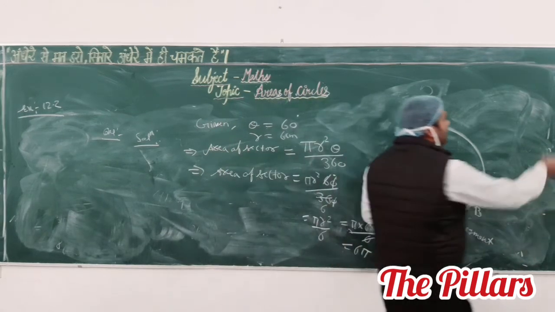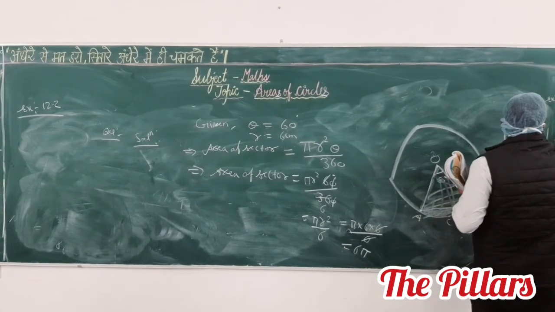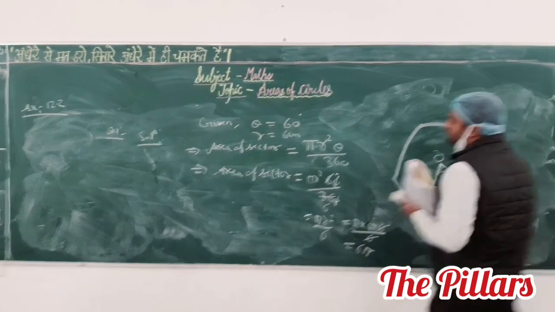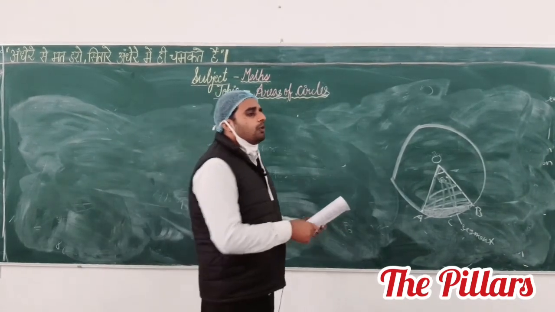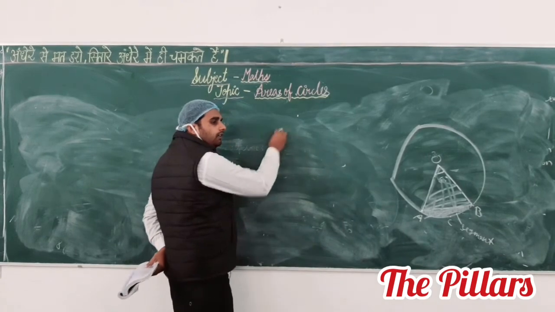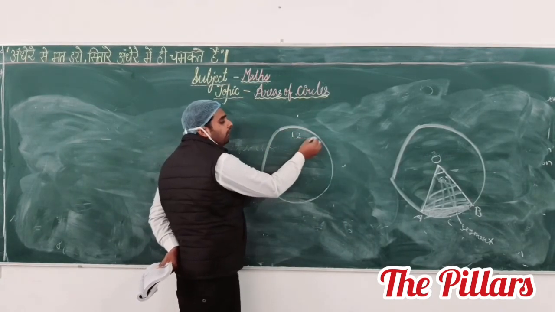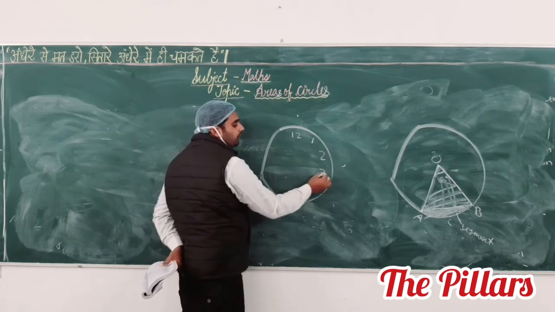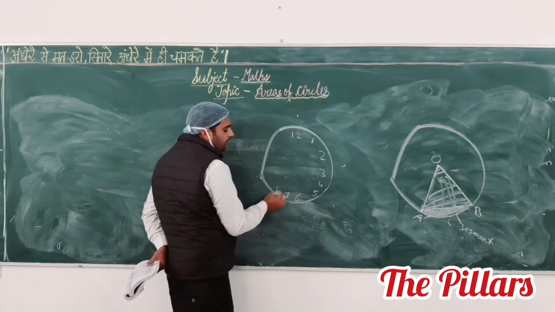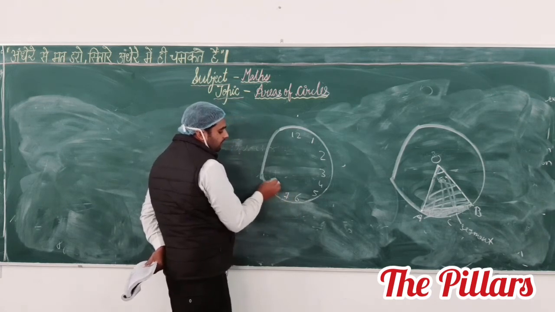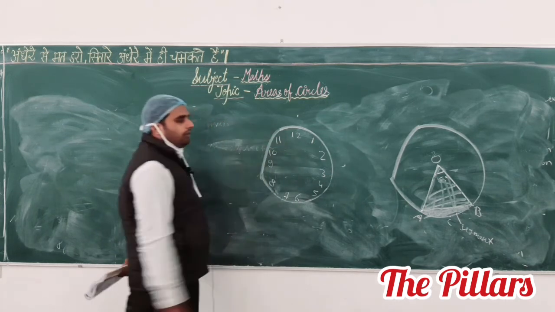Question number 2, Exercise 12.2. The length of the minute hand of a clock. Suppose this is your clock. Listen to me. Suppose this is our clock: 12, 1, 2, 3, 4, 5, 6, 7, 8, 9, 10, 11, 12.